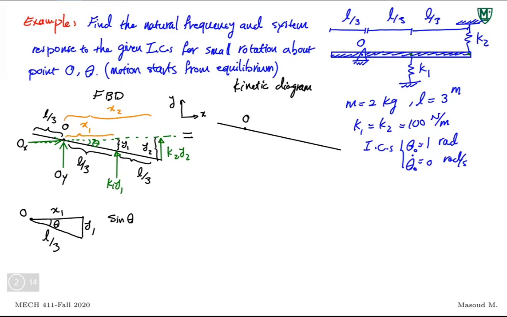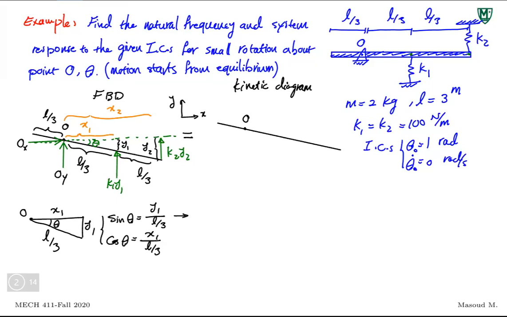We'll use both, just find sine and cosine theta in this triangle. We'll see where I am going with this. Sine theta would be the opposite, y1, over L over 3. And cosine theta would be adjacent, which is x1, over L over 3.